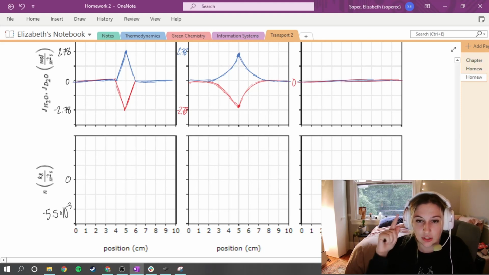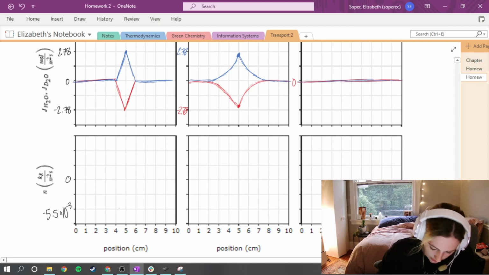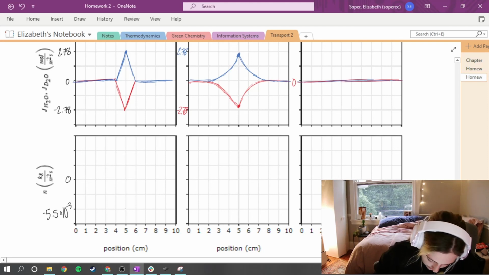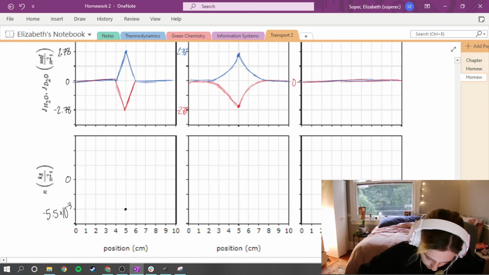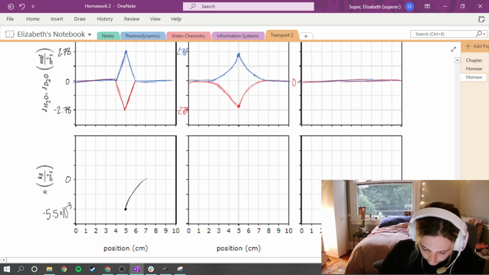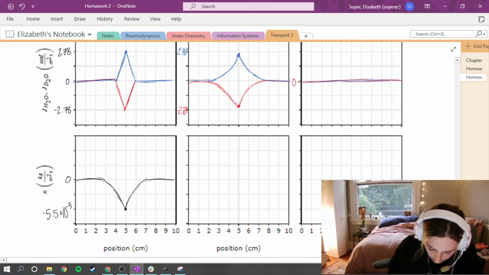And this was the answer to part number 1 that we found. So at 5 centimeters, it's going to be that number, and then it's going to curve to 0 everywhere else, like that.